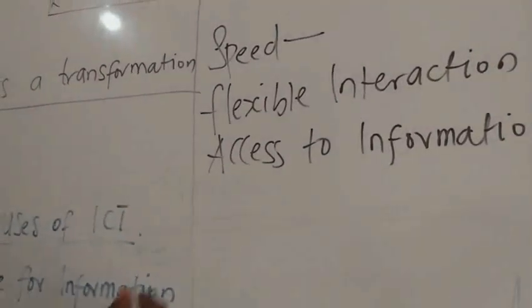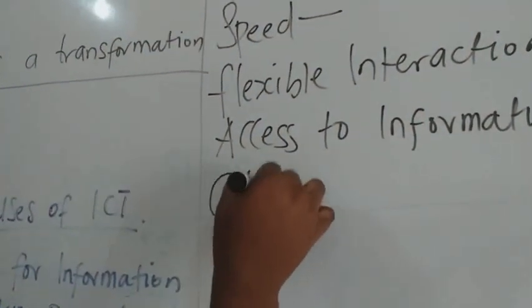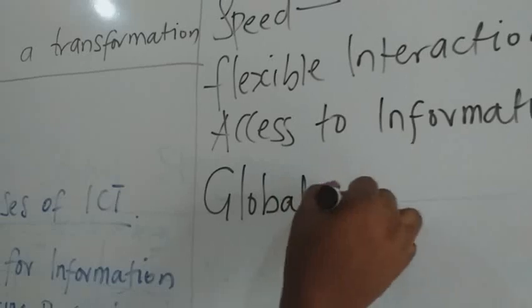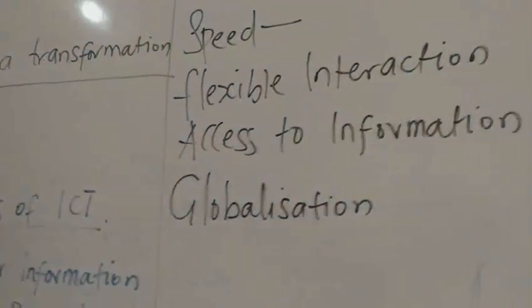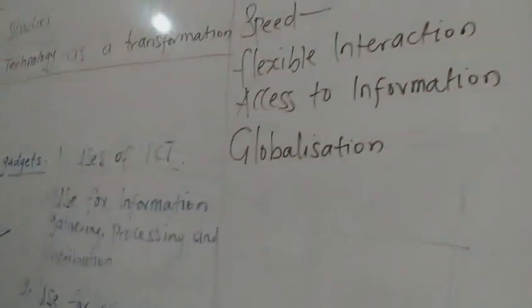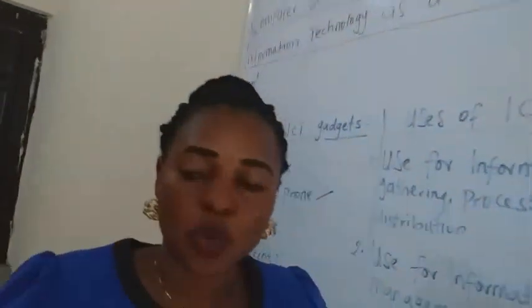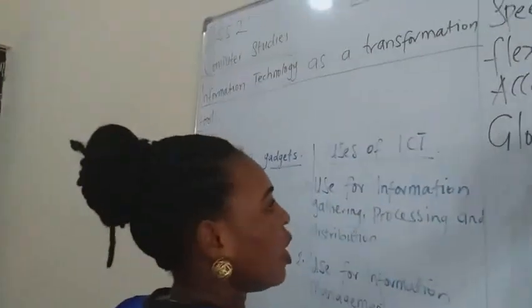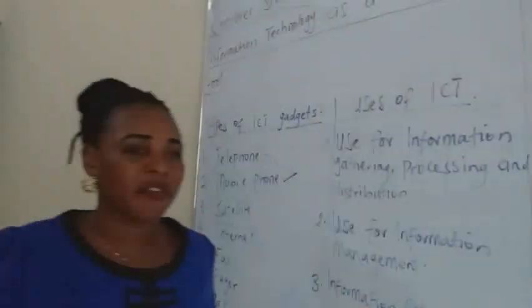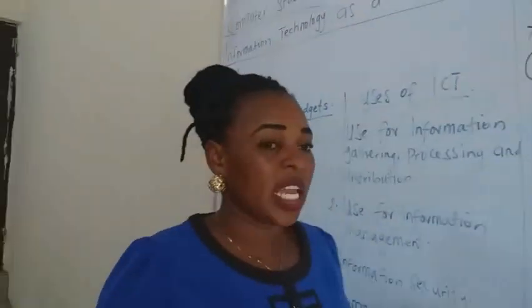Now, number 4, we're going to look at globalization. ICT has made the world become a global village. What do I mean? The world is now connected to each other wherever you are with the use of the internet.